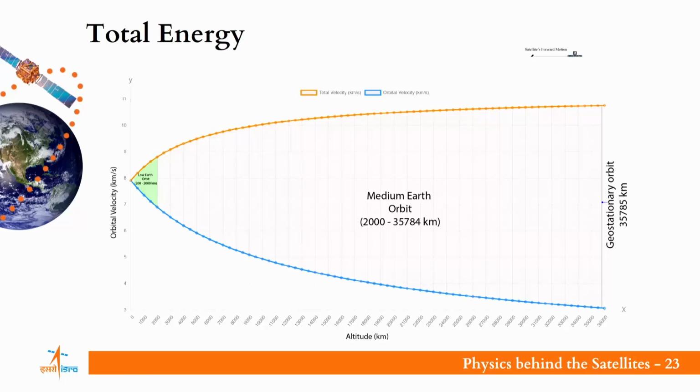High Earth orbits lie above the 35,780 km height. So VO to stably be in a high Earth orbit should be 3.075 km per second or lower, and VT to reach there should be 10.755 km per second or higher.